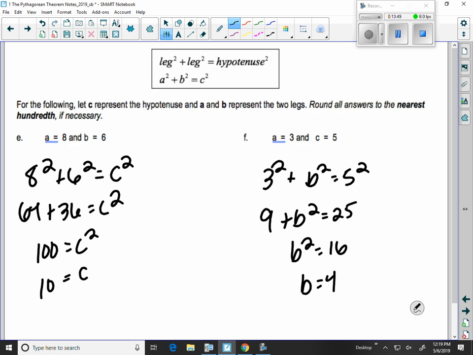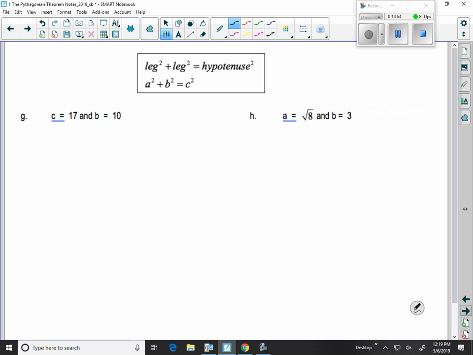Any issues on E or F? Okay, I'm going to put the other two up here. I know you're probably already working, but I want to make sure I get them up here for you.